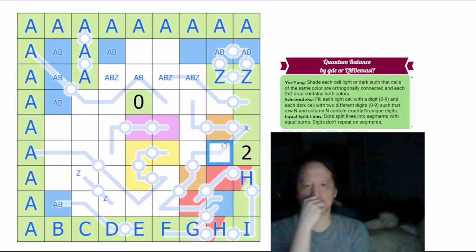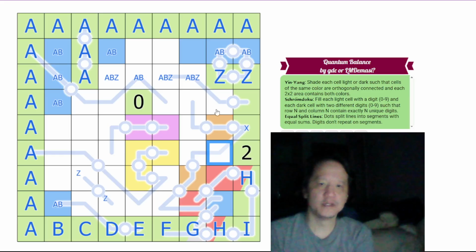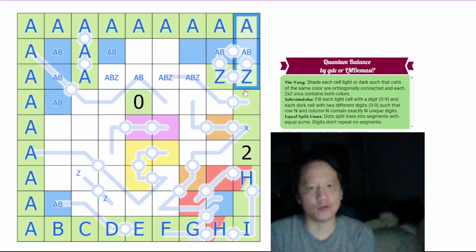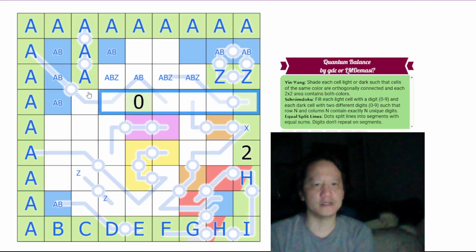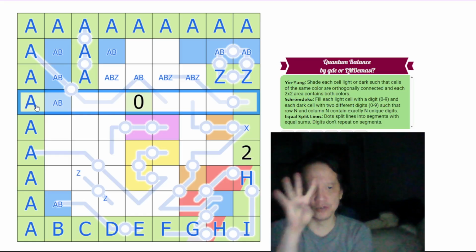Oh, that doesn't work. This cannot be 0. It would have to be one out of A, B, or Z. But then we wouldn't have 9 unique digits, right? You can only have A, B, Z, or 0 in row 4, because you only have 4 unique digits.